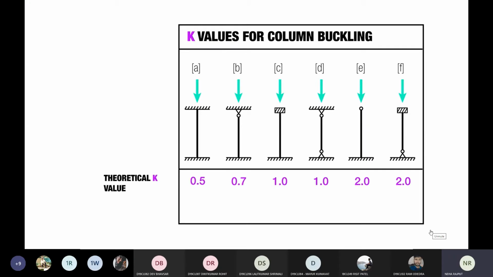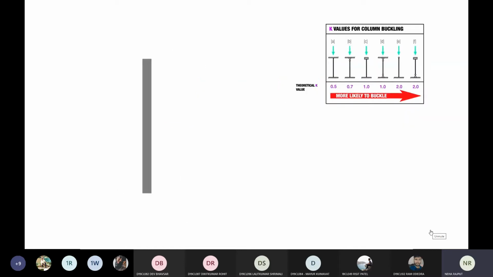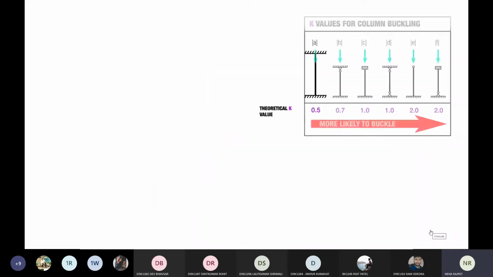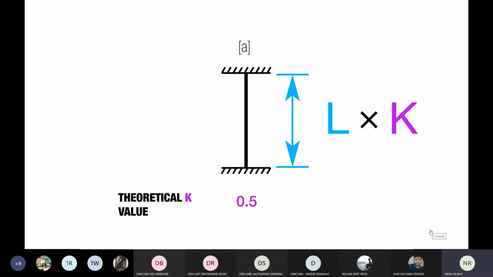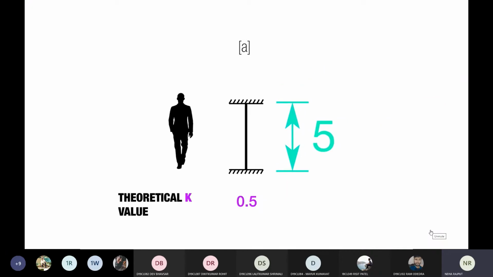A higher K value means a higher likelihood of buckling, because in the formula, you're going to take the length of the column and multiply it by K. So in this one right here, we're going to take the length of the column and multiply it by 1/2, by 0.5. That means from a buckling point of view, this column of, say, 10 feet will behave more like a column that's only 5 feet.